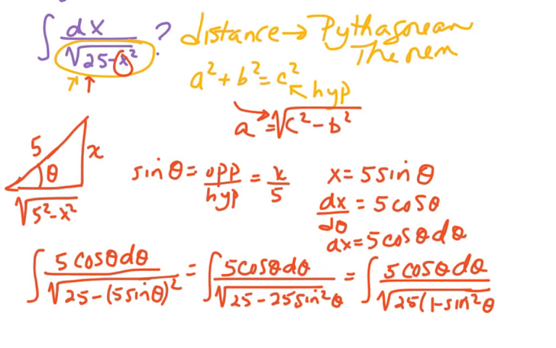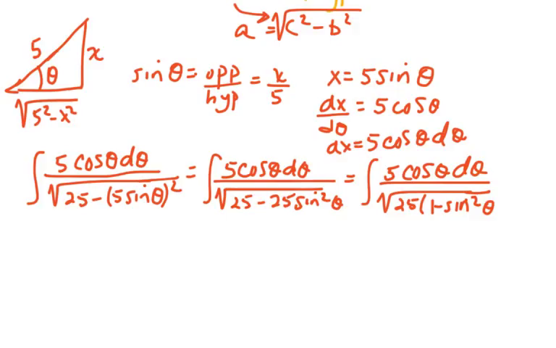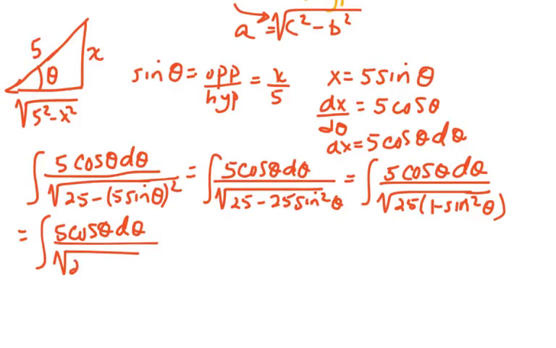Using the Pythagorean identities, I can replace that with the root of 25 cosine squared theta. And of course that's just 5 cosine theta in the denominator now.